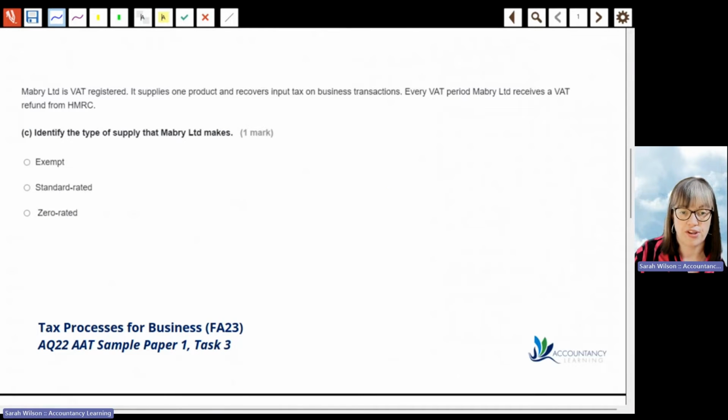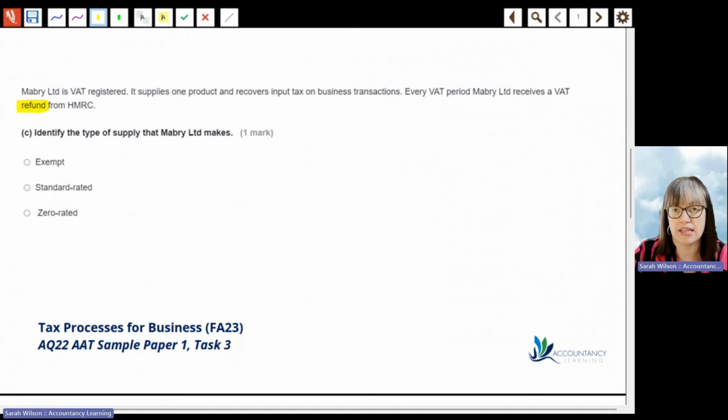The next part of the task then says Mabry Limited is VAT registered. It supplies one product and recovers input tax on business transactions. Every VAT period, Mabry Limited receives a VAT refund from HMRC. So normally a business would be paying out VAT.